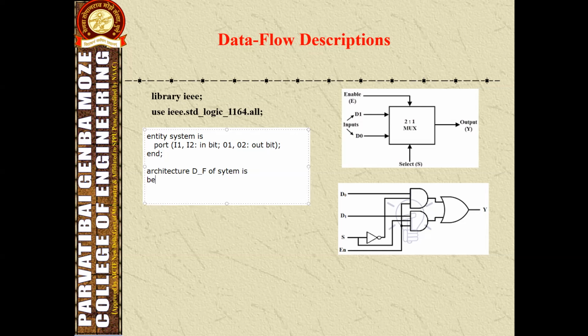So we have to begin with the predefined word begin. Now we have to assign the output. How are we going to assign the output? Using this assignment operator, we assign how the output behaves with the input. So these are the inputs, and the AND operation should be performed here.